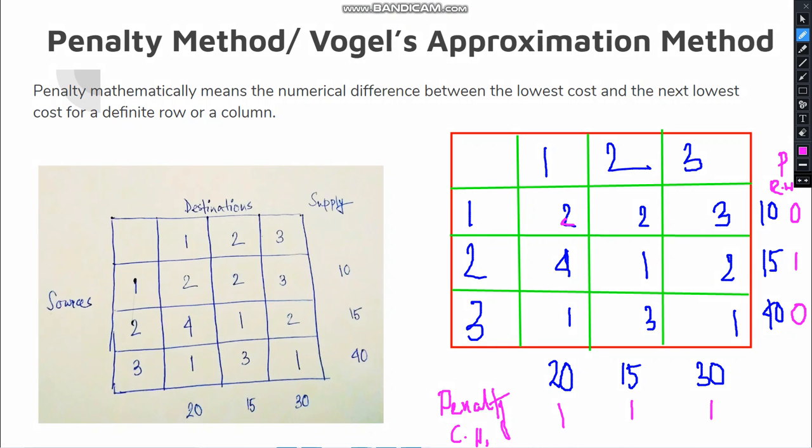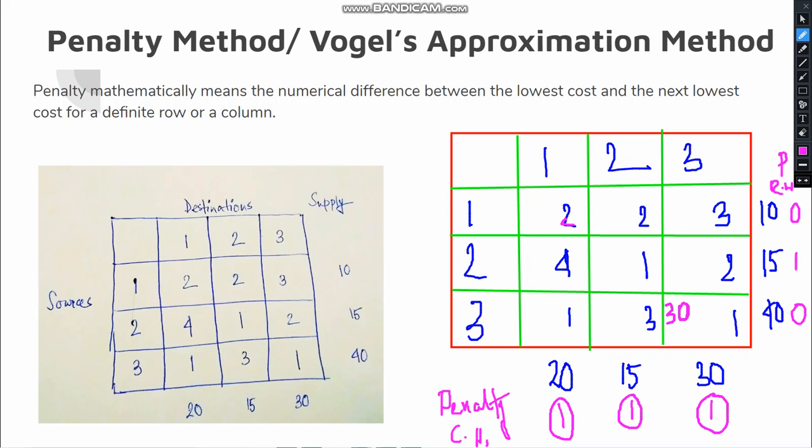So where the penalty is the maximum, that means the allocation has to start from there. Now here we can see the penalties are only 1 and 0. So we can start wherever we want, obviously at the points with 1, because 1 is greater than 0.